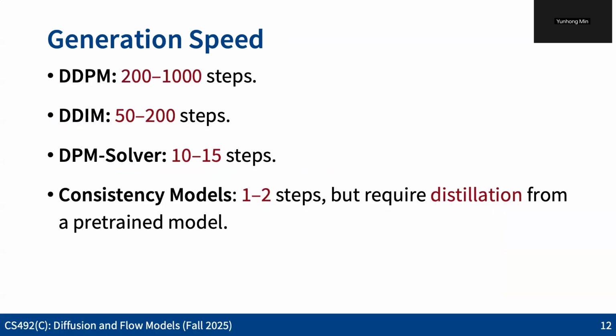So even without having any understanding of all the details here, now at least you can see some of the history of the literature in terms of how the techniques have evolved over time. We started from DDPM with 1000 steps and DDIM with 200 steps, and DPM solvers and many other dedicated ODE solvers going down to 10 steps, and then consistency models or other acceleration techniques, which also go down to 1 or 2 steps, while requiring distillation with pre-trained models.